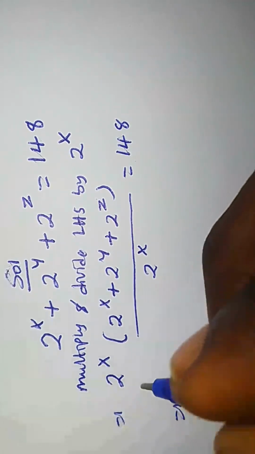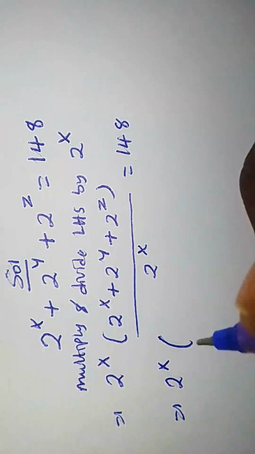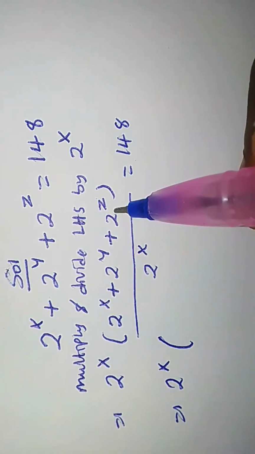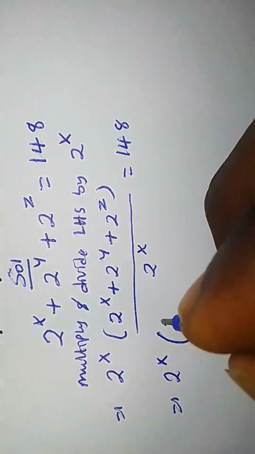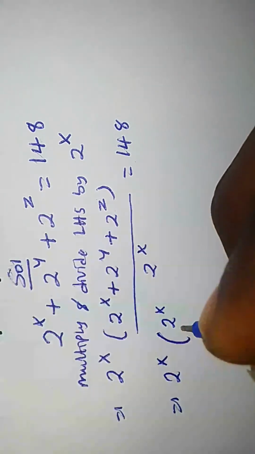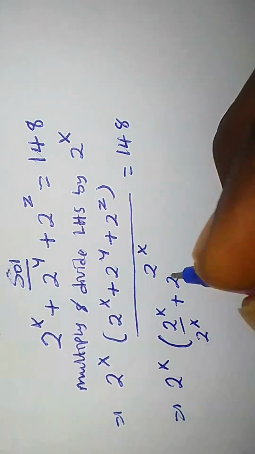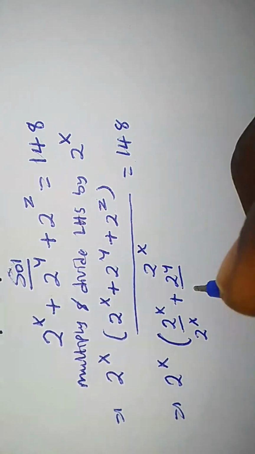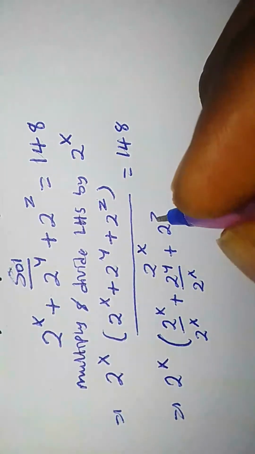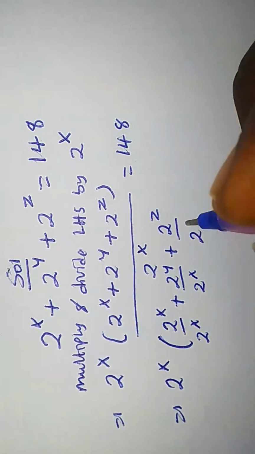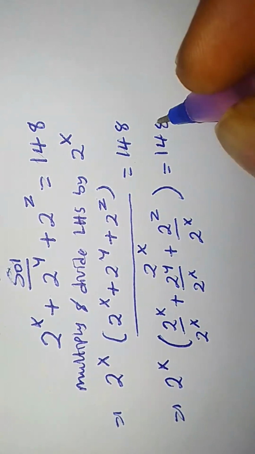This means that 2^x into this whole expression divided by 2^x could be written as 2^x over 2^x plus 2^y over 2^x plus 2^z over 2^x equal to 148.